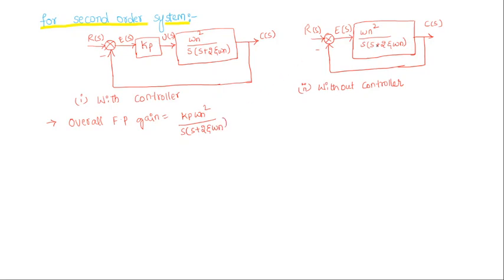So if you observe, without controller the forward path gain is this one, with controller the forward path gain is this one. Here the type is S power 1. Here also the type is S power 1.